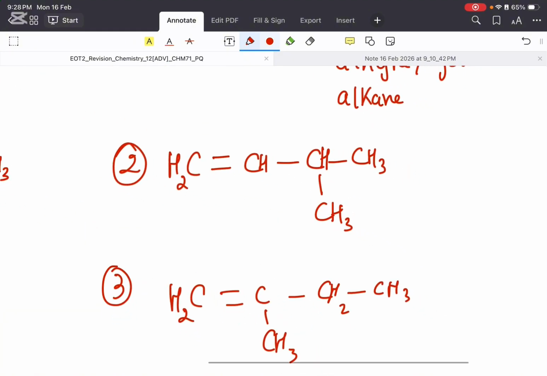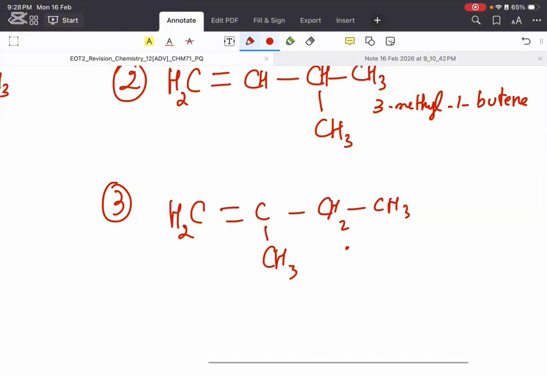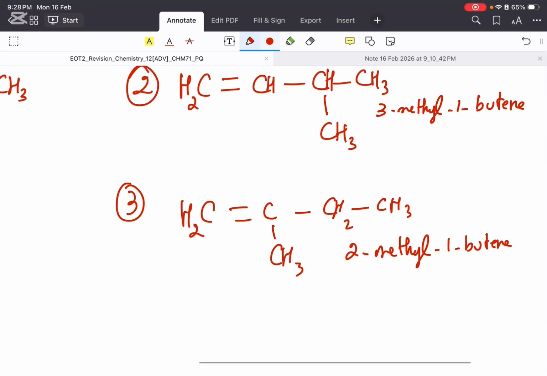This one is going to be 3-methyl-1-butene, whereas this one is 2-methyl-1-butene. I have an idea. I can have another isomer, and instead of having the double bond over here, let's move it over here.